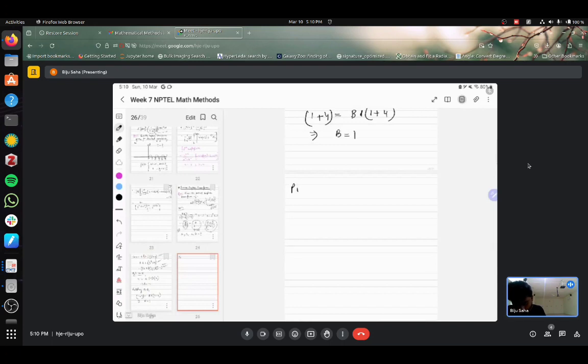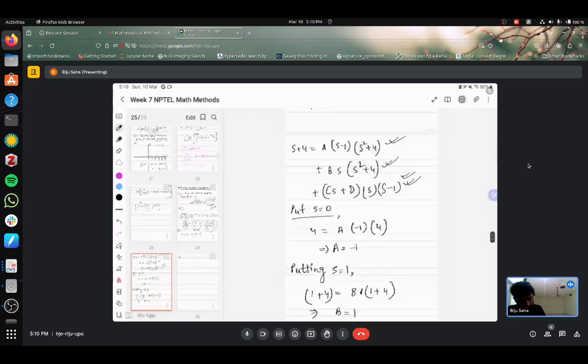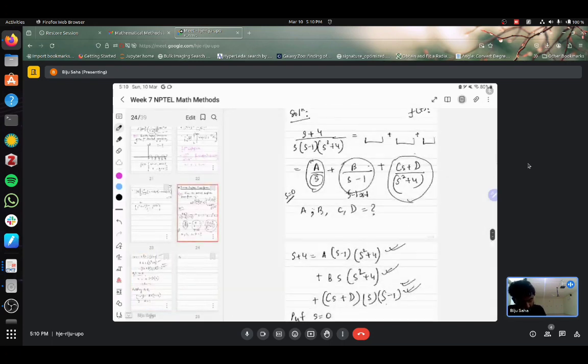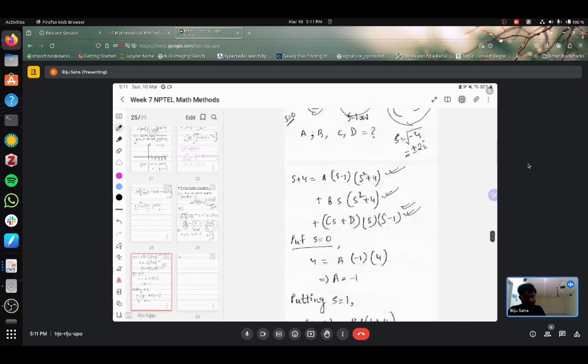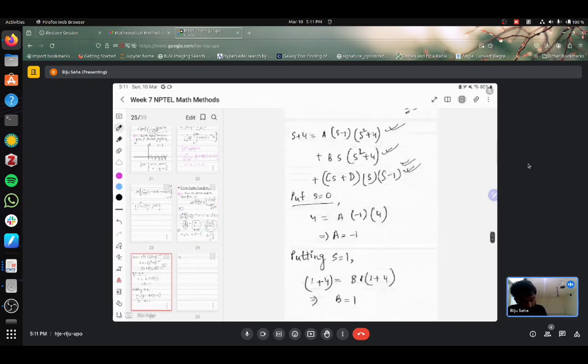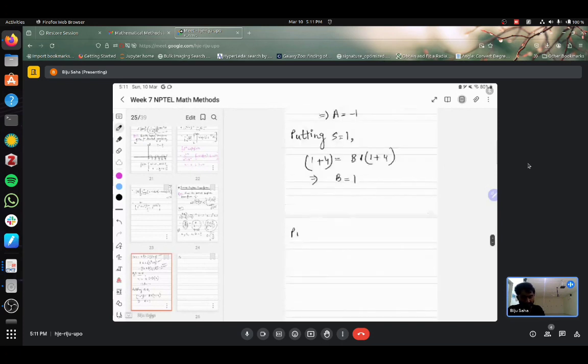Now what you can do, you can put the root of this, that is s square plus 4, it will be plus minus 2i is the root. So when you put it here and also put it here, and you try to compare the imaginary and the real part, with that you can get the value of c and d. So I'm straight away writing the value.